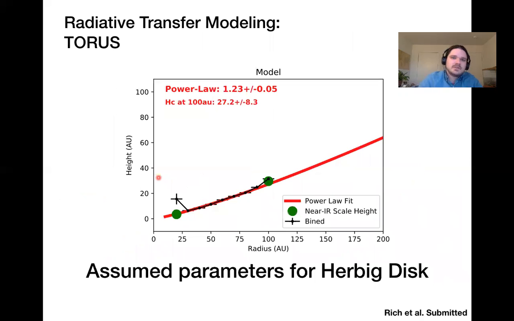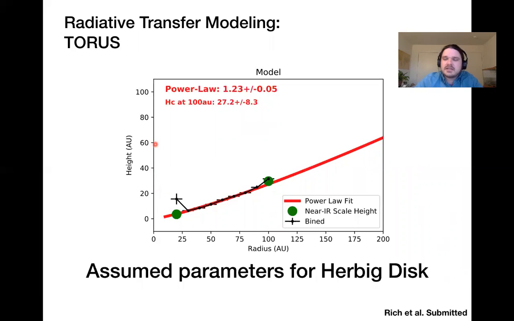So one thing I've been very careful about in this talk so far is distinguishing between the emission of the 12CO layer and the actual scale height or the Gaussian distribution of the gas and the respective dust itself. And that's something to be careful about because these are observed quantities, not necessarily the intrinsic scale heights that we want for modeling.